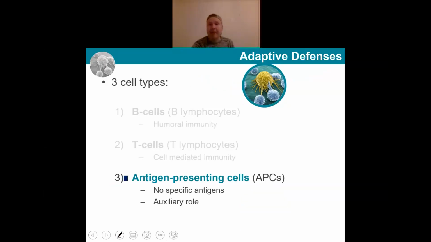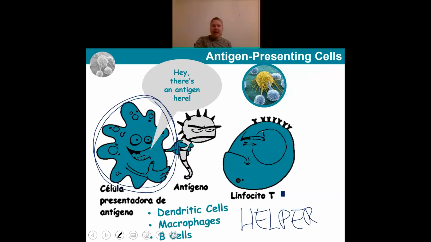So that was our B and T cells. And the last cells that we have to discuss are antigen-presenting cells, APCs. These cells can't really deal with this pathogen themselves.